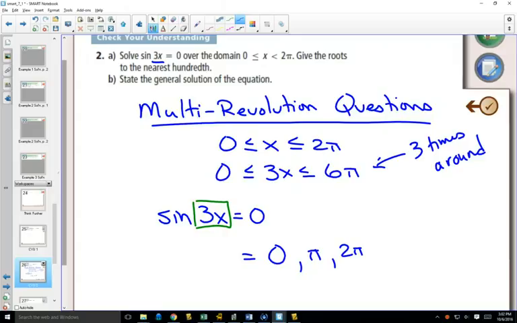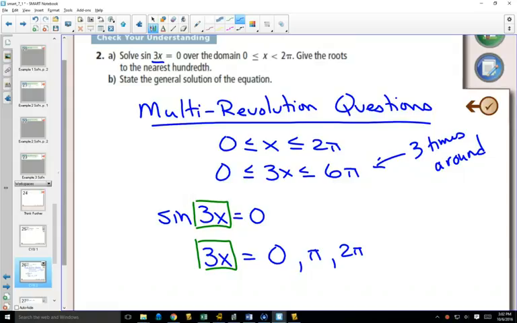But this is a multi-revolution question, and instead of theta equals, because we have 3x instead of theta, we have 3x equals. But 3x needs to be between 0 and 6 pi, 3 times around.